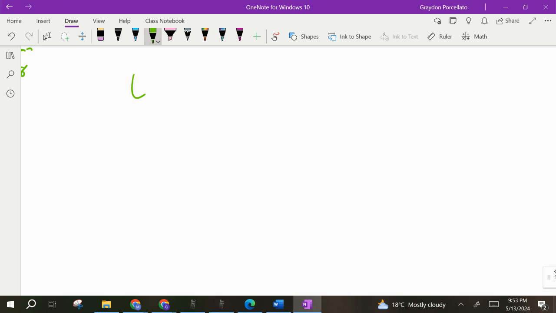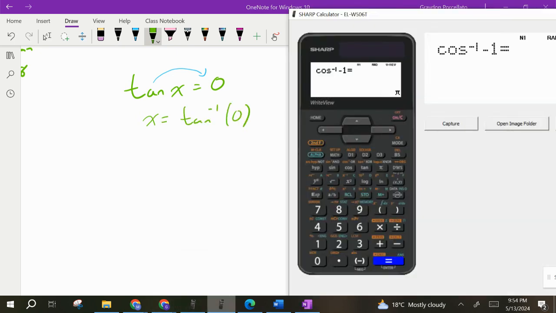So tan x equal to 0. If I want to solve that, typically I'm going to bring my tan over, and I get that x equals the tan inverse of 0. If I put that into my calculator, second tan of 0, I get 0.